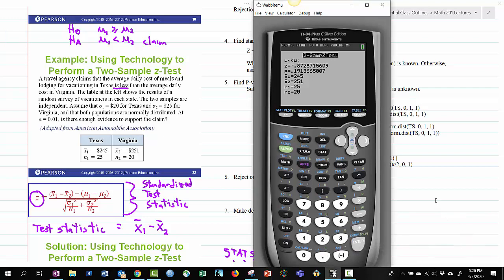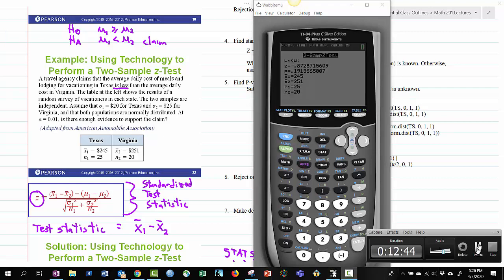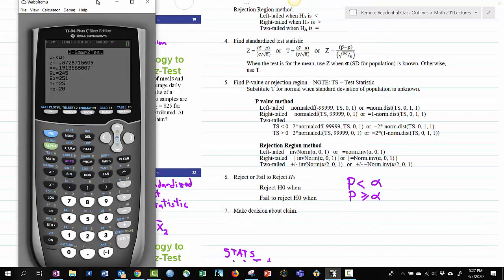Now you're going to notice with this, we had to do the first few steps the same, even though using this function. We had to pick our hypotheses, right? We had to figure out what the tail of the test was. Then we had to put our numbers in. Now, though, at this point, it's given us both z, the test statistic, and p, the p-value. Let's drag this over here.